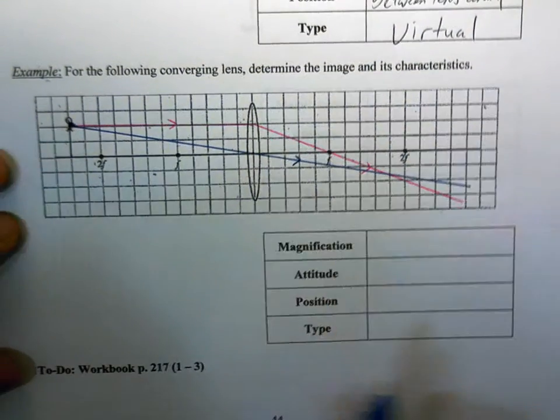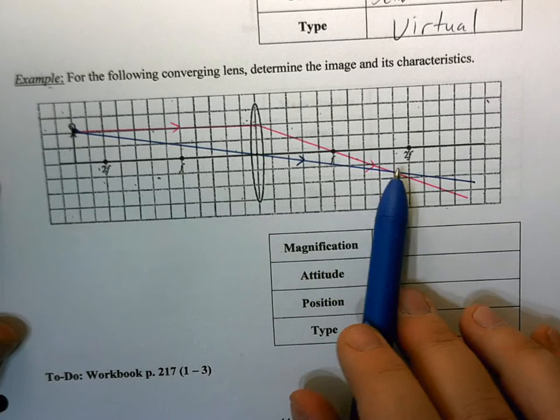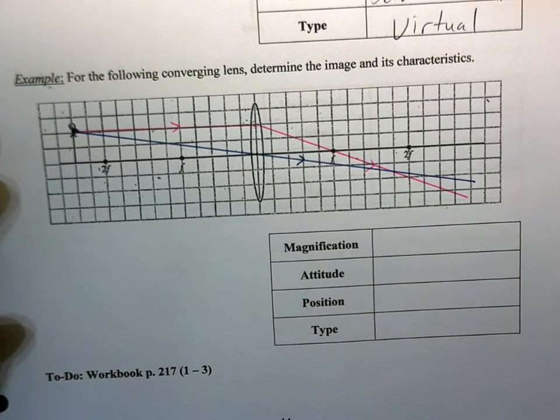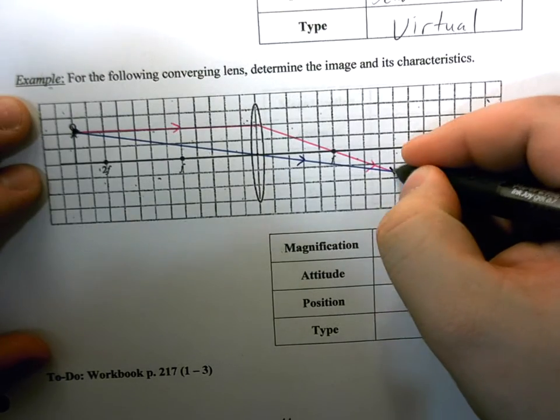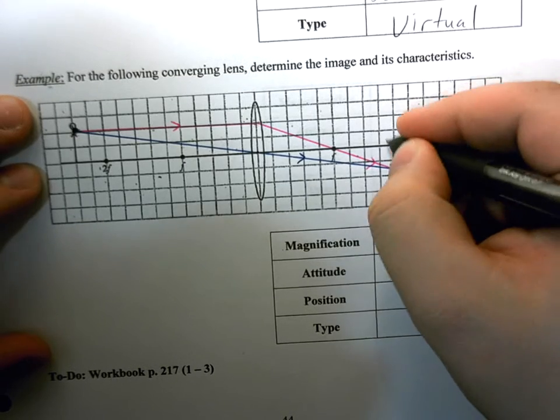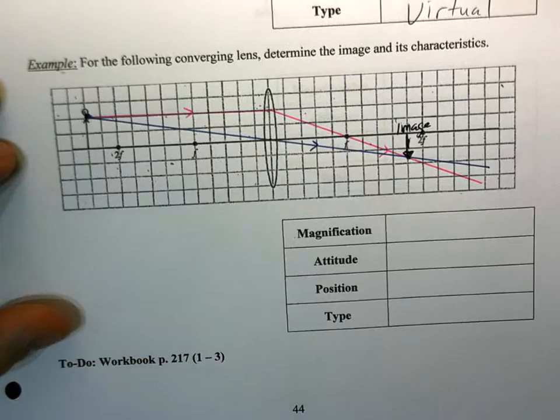So here is my second ray that I've drawn. We see that we have an intersection point over here. So this is going to represent the tip of the arrow of my image.